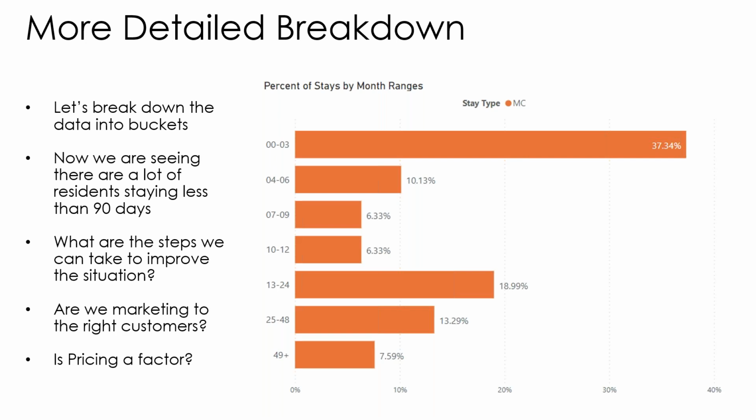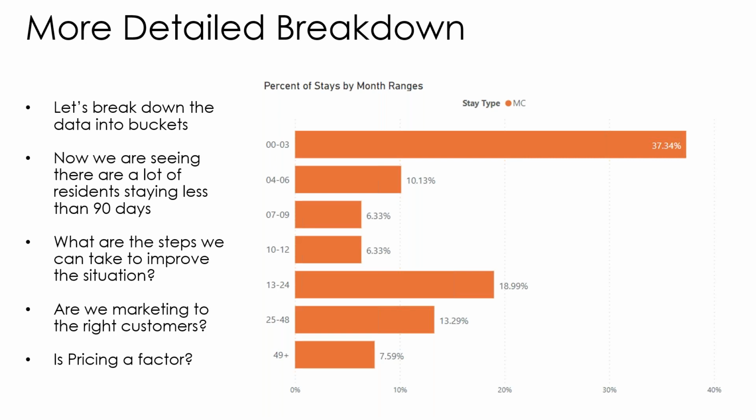And then diving down deeper into that same data, now let's look at the breakdown. We're breaking down length of stay into buckets. And this is showing us that we've got a lot of residents with pretty short stays, 0 to 3 months.